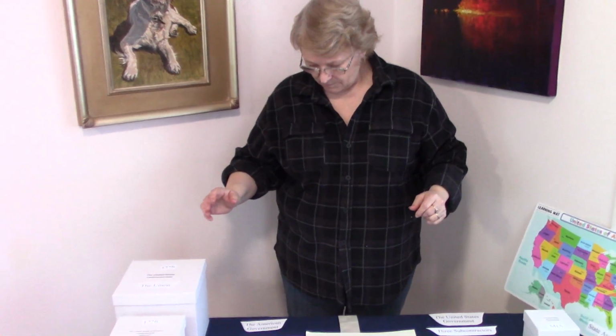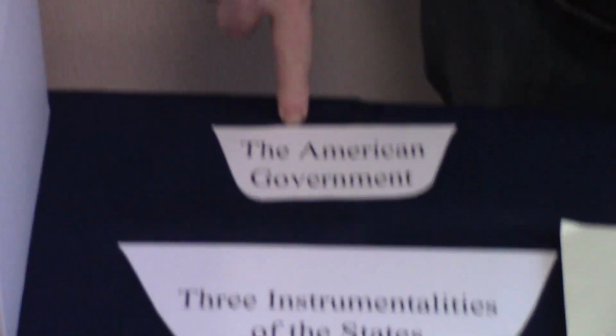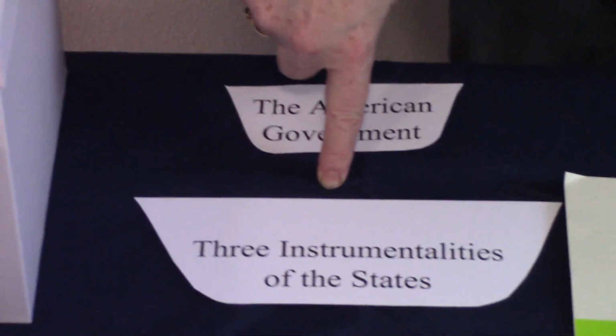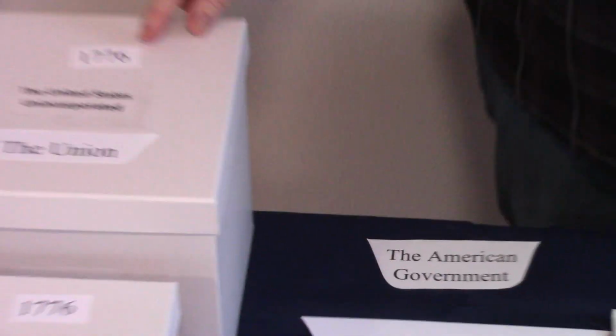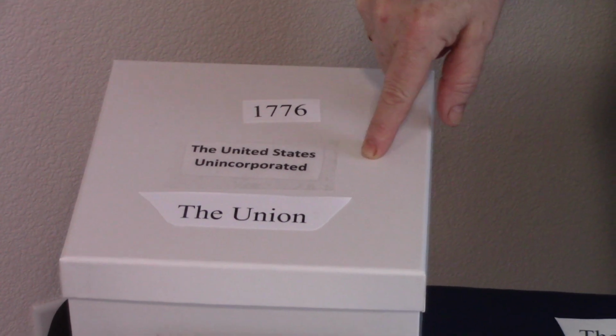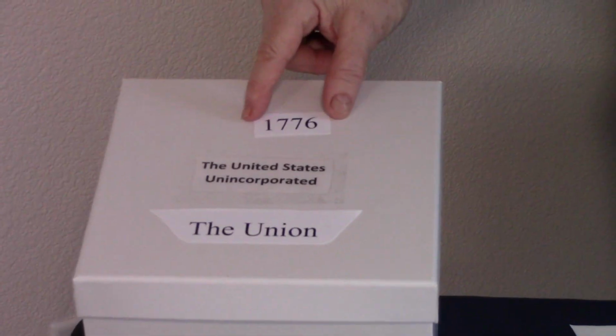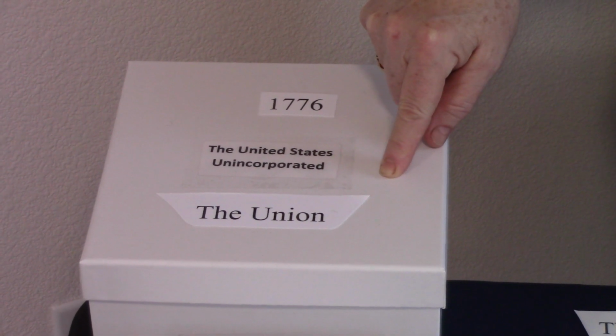Now, here we go. We have the American government. And there are three instrumentalities of the states. In 1776, we have the United States unincorporated, also known as the Union. This is the first Union, it has nothing to do with the Union during the Civil War.